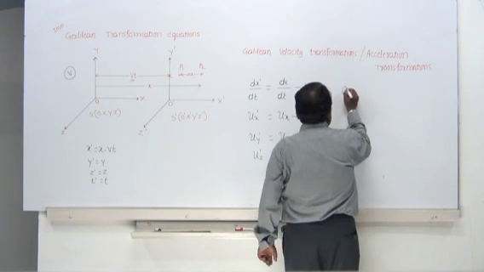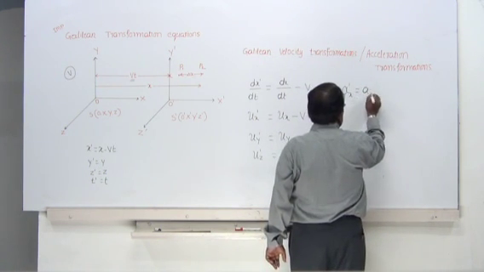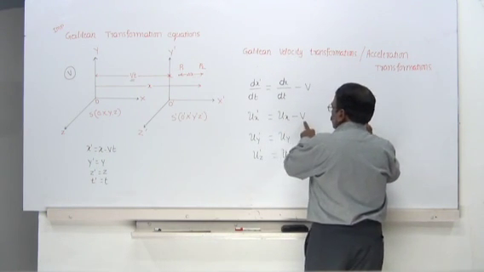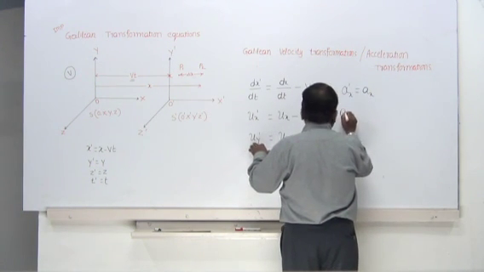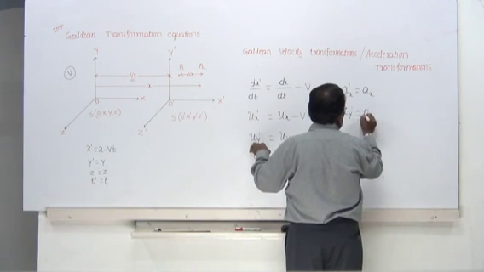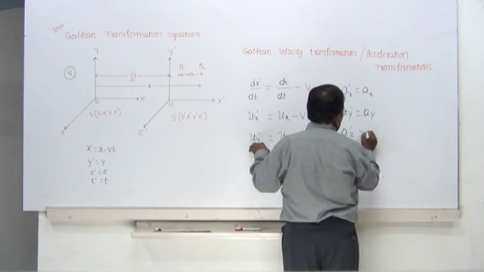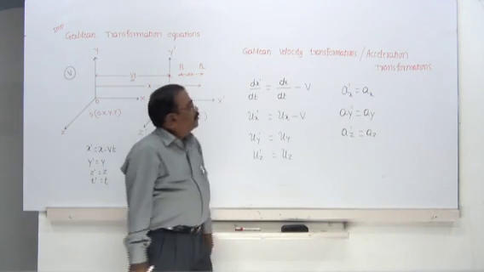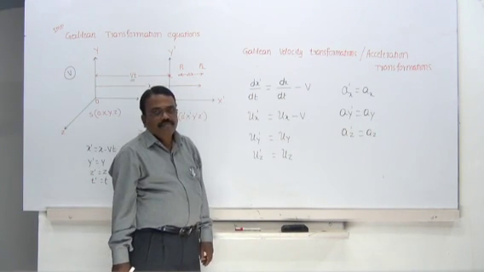This is 0. Then ay dash is equal to ay, and az dash is equal to az. And these are the Galilean acceleration transformations.